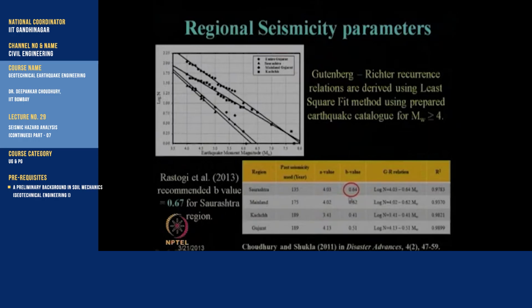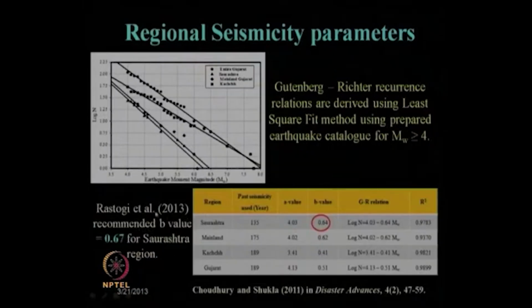Look at the B value we proposed for Saurashtra region, 0.64, and the latest finding by Rastogi et al., a 2013 publication after ours. They also did a similar analysis for the Saurashtra region only, and recommended a B value of 0.67, which is pretty close to our value.